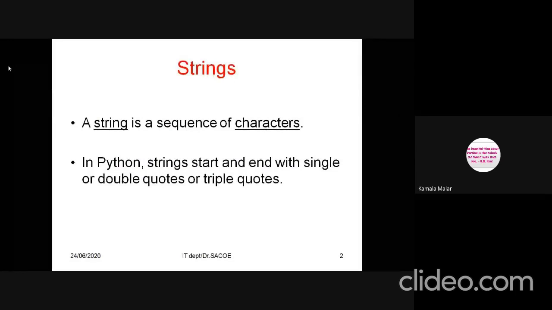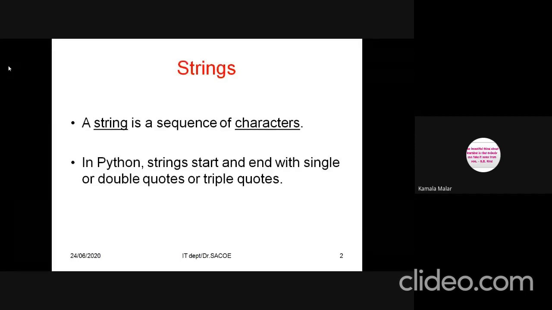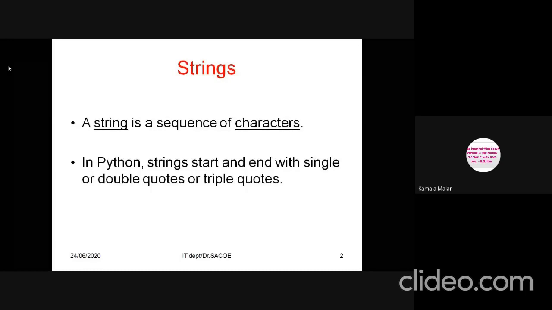A string is a sequence of characters. In Python, it can be in single quotes, double quotes or triple quotes. Triple quotes can be three single quotes, or one single quote and one double quote, and we close accordingly.